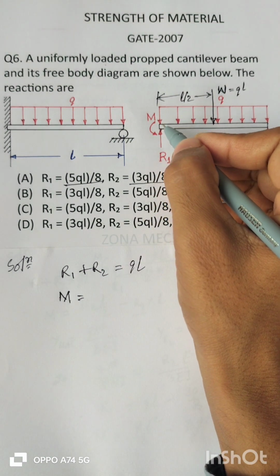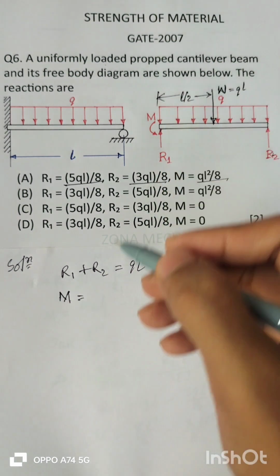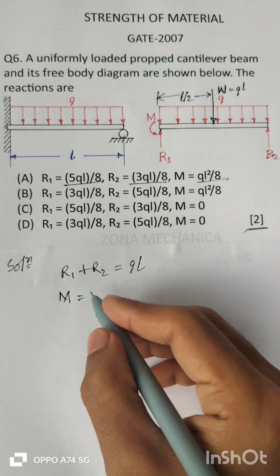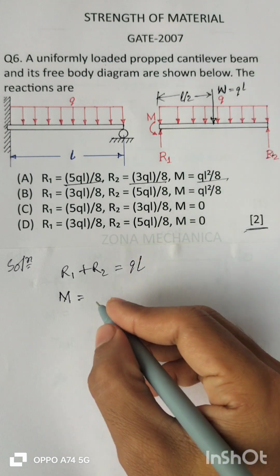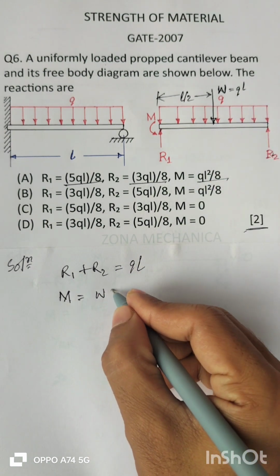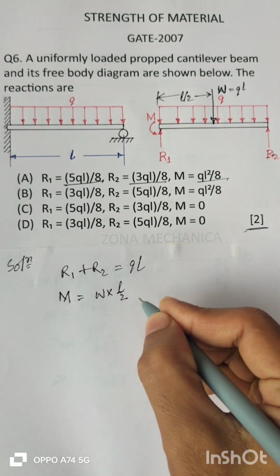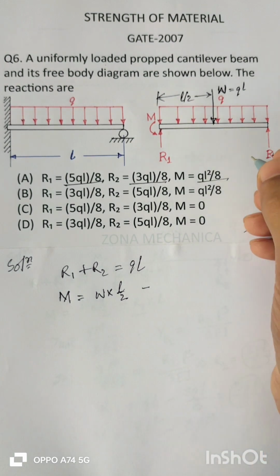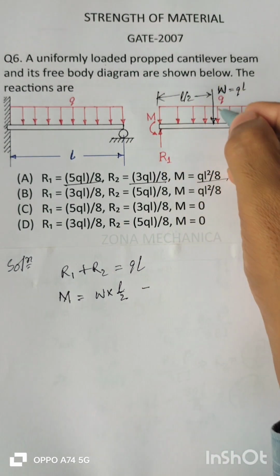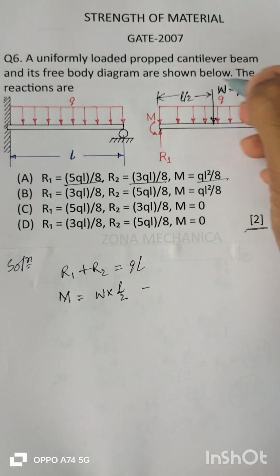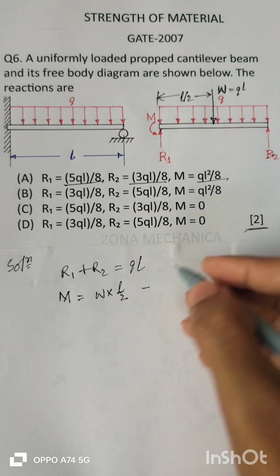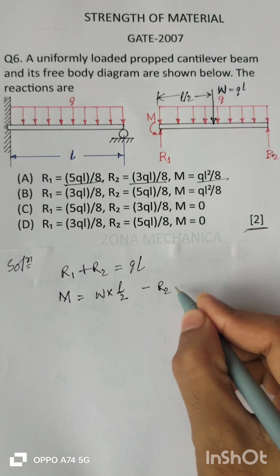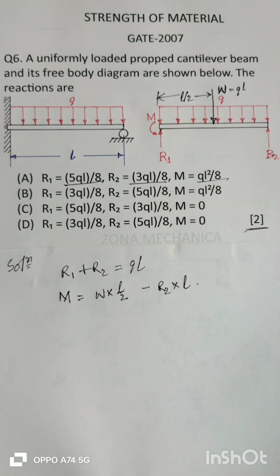So the moment at this end will be equal to R1 into 0, so that is 0, and W into L by 2 minus, since W will create a clockwise moment and R2 will create an anti-clockwise moment, R2 into L.